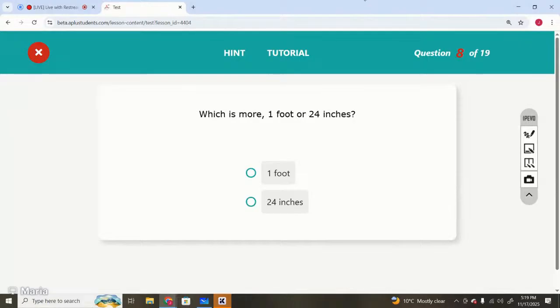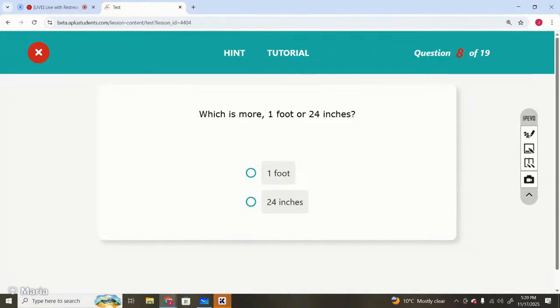Which is more, 1 foot or 24 inches? 1 foot equal how many inches? 1 foot equal 12 inches.